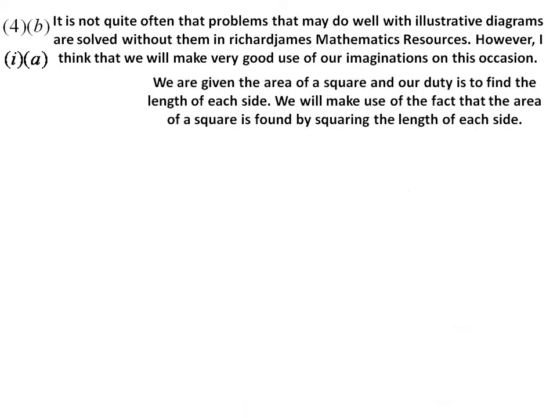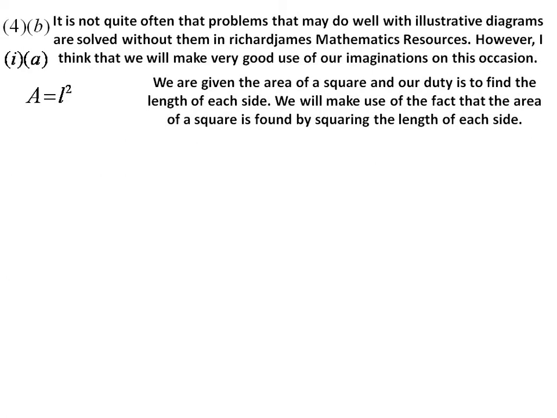We are given the area of a square, and our duty is to find the length of each side. We will make use of the fact that the area of a square is found by squaring the length of each side. So area is equal to L squared. The area of the square is equal to the square of the length of each side.